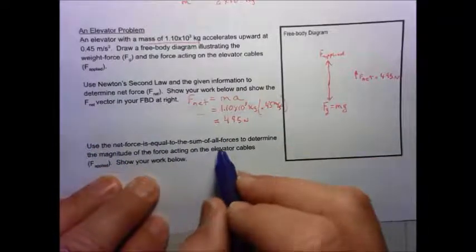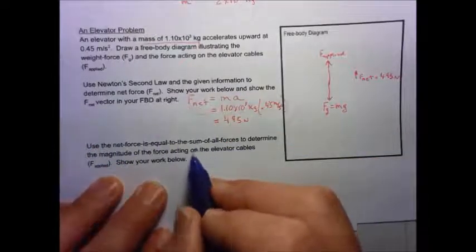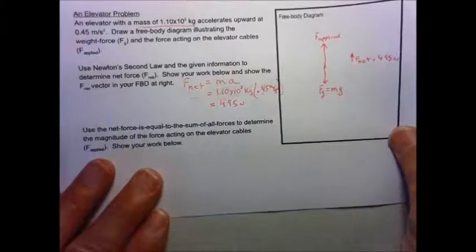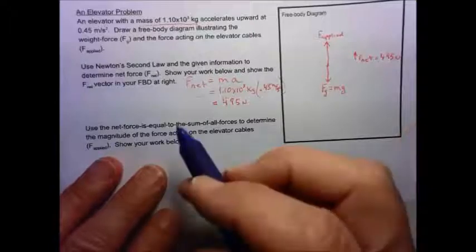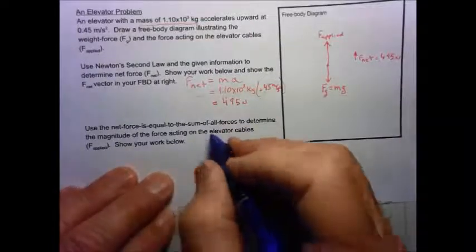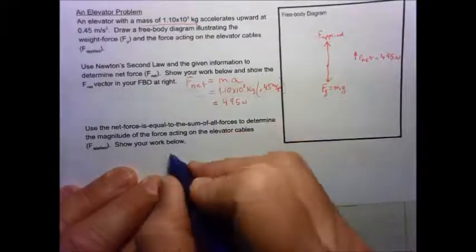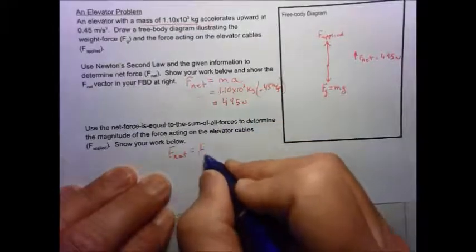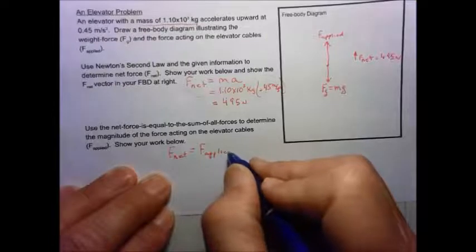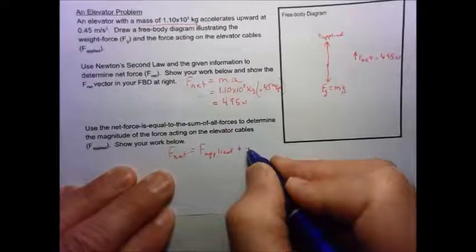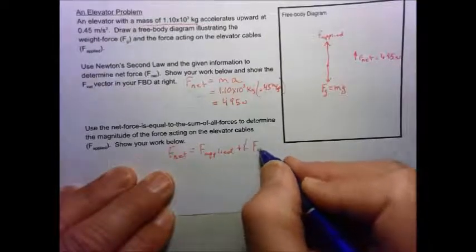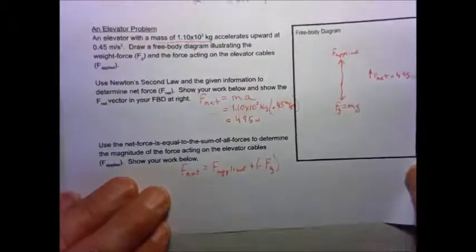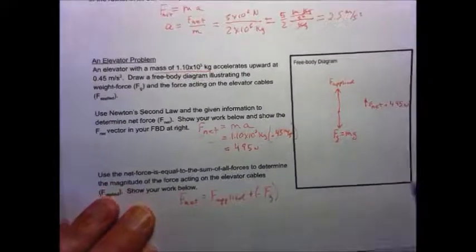So now we actually have a value for F net, 495. Use the net force is equal to the sum of all forces to determine the magnitude of the force acting on the elevator cables. That would be our F applied. That's where we use our second equation. F net is equal to F applied plus the negative FG. Have we figured out what our FG is? No. I'm going to write FG up here.